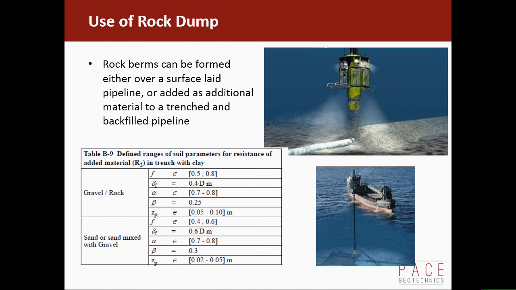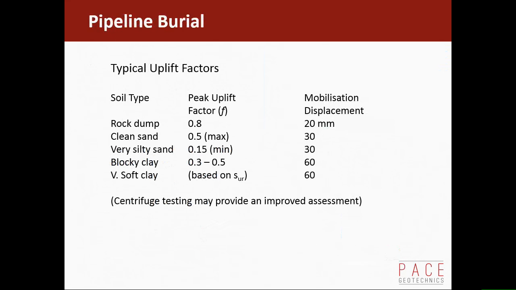And some example parameters there for rock dumping. Next slide is that one. And they're what I would tend to use in most materials. One thing which I haven't mentioned is blocky clay. If you have a stiff clay, it doesn't mould plastically, it tends to be broken out in lumps.